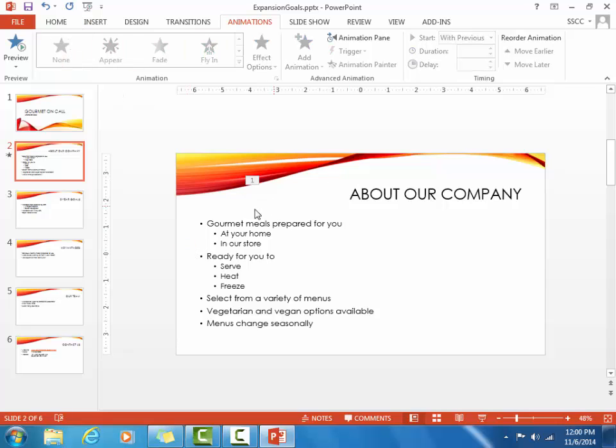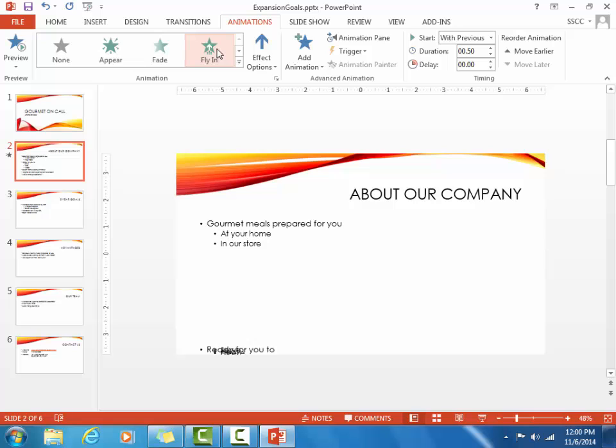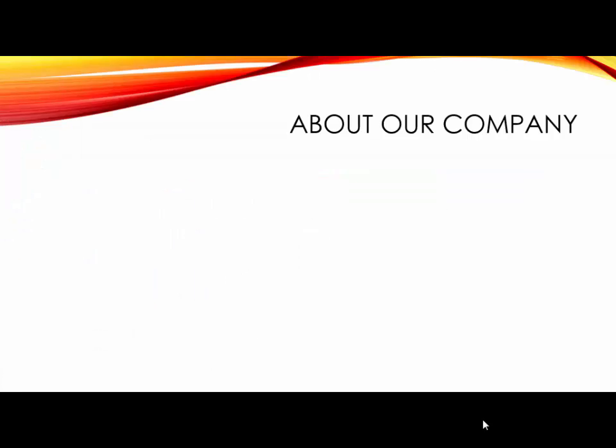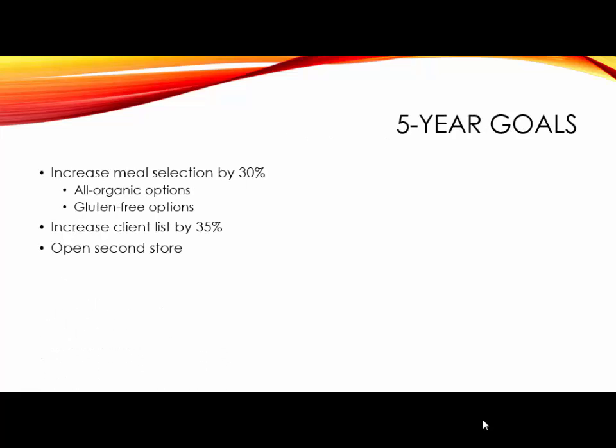Now, I messed something up. Let's try this again. If we do this, do that, then we advance it again, and again, and again, to bring all your items in.